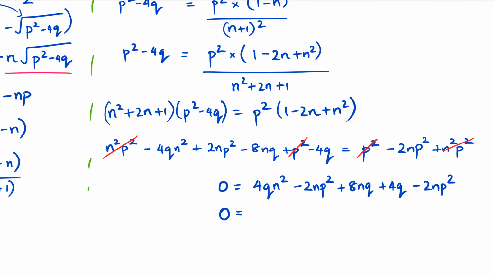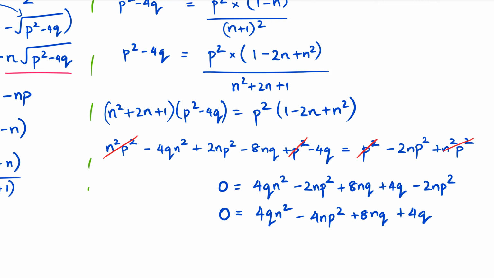So then I can rewrite this as 4qn squared minus 4np squared plus 8nq plus 4q.